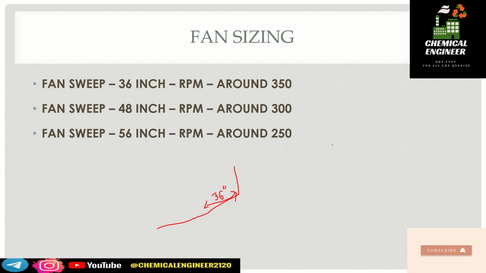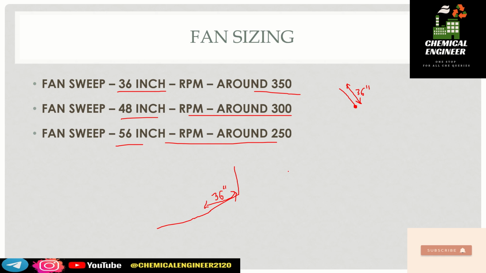Fan size is measured from the distance of one wing to the center. So the distance from the wing corner to the center, if it is 36 inch, then we may call it a fan size of 36. So if the fan size is 36, the RPM required is 350. And 48 is this, and so on.